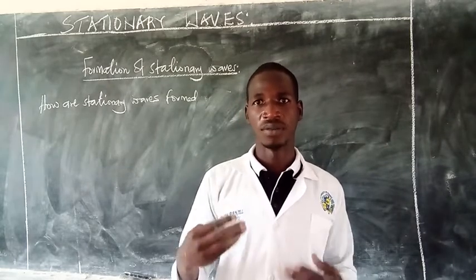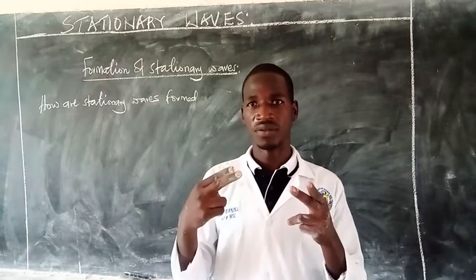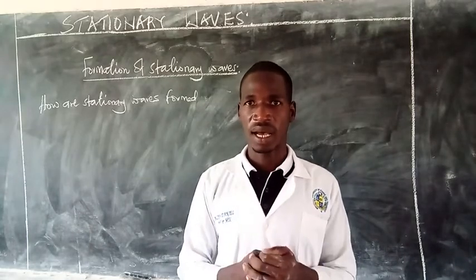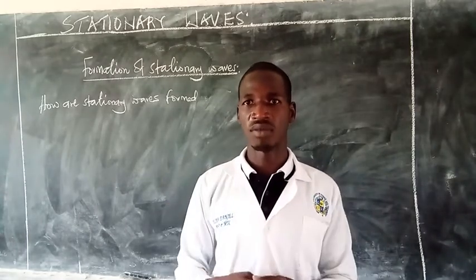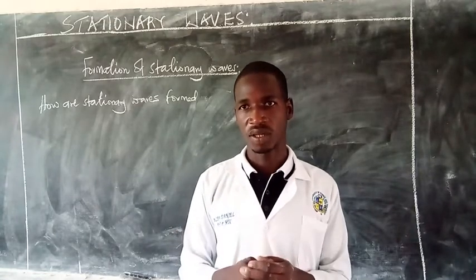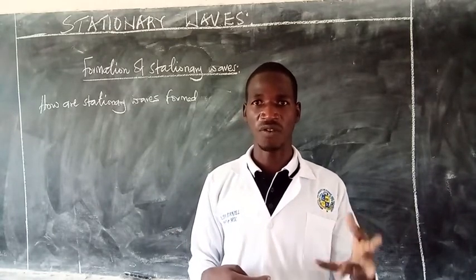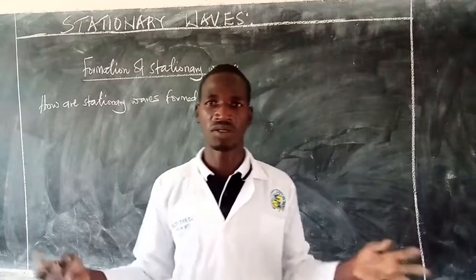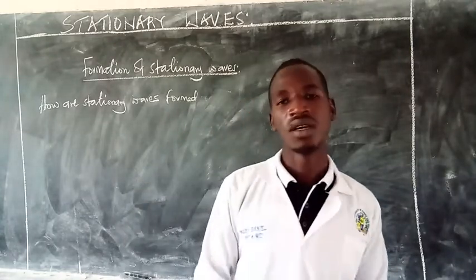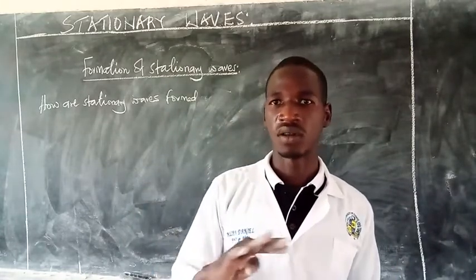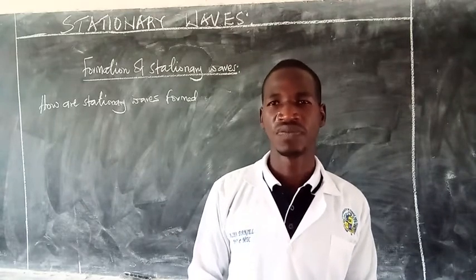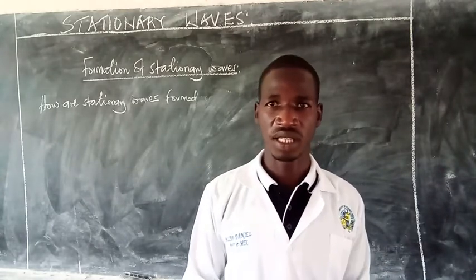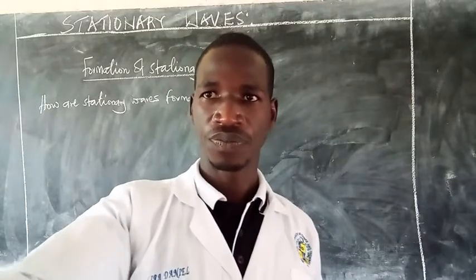Antinodes are formed when two waves meet in phase and we have maximum amplitude at that point. Meanwhile, nodes are formed when two waves meet out of phase and at that point we have minimum or zero amplitude. So that's how they are formed.